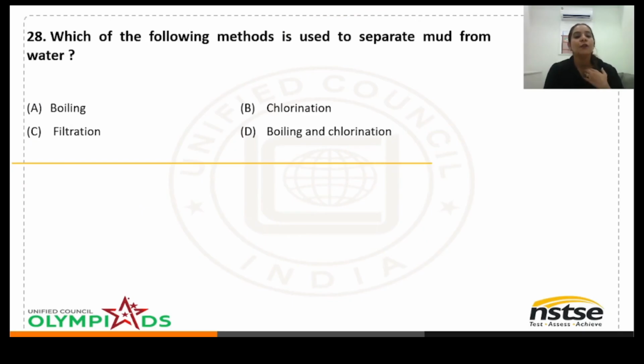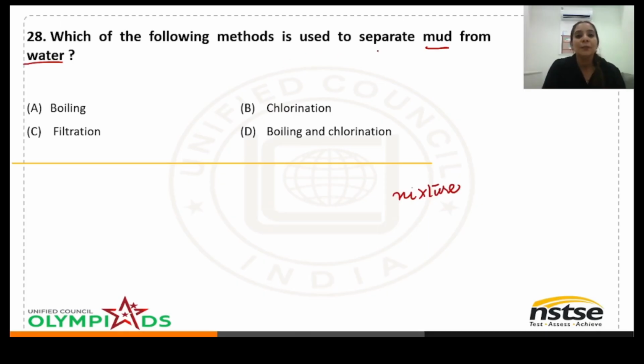Next question. Which of the following methods is used to separate mud from water? Now see, when you are mixing two things, what do you get? You get a mixture. Okay.